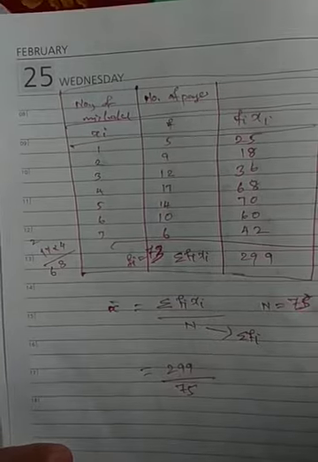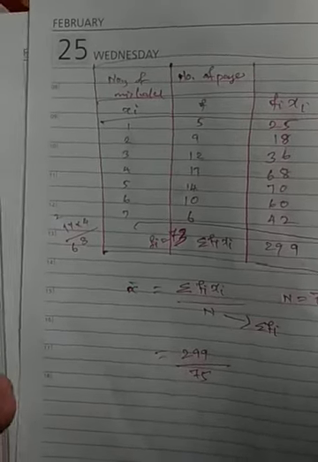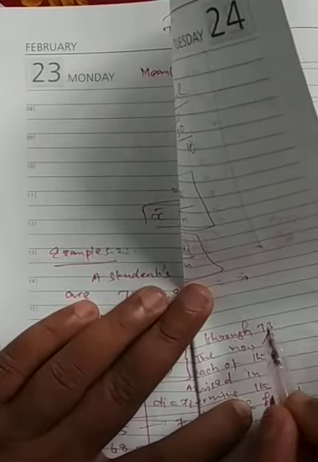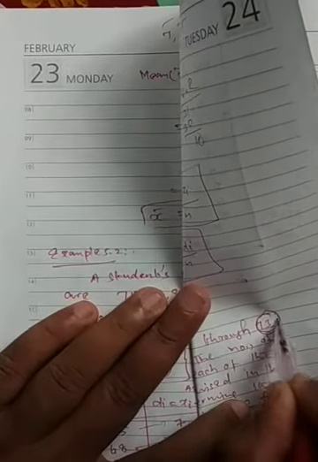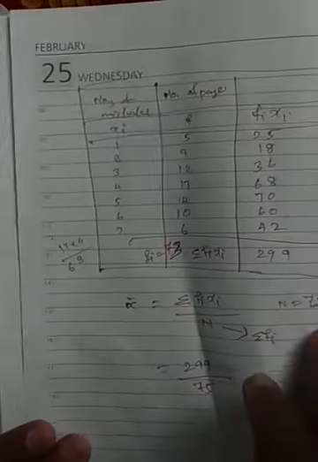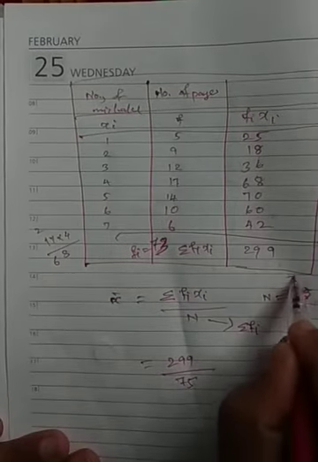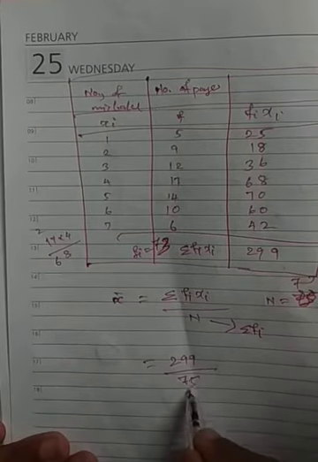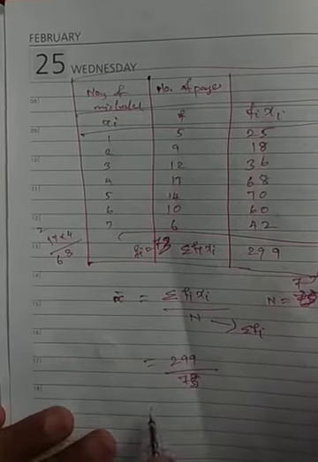In the question also it is 73, not 75. So I am getting the n value as 73, not 75. Keep that in mind.